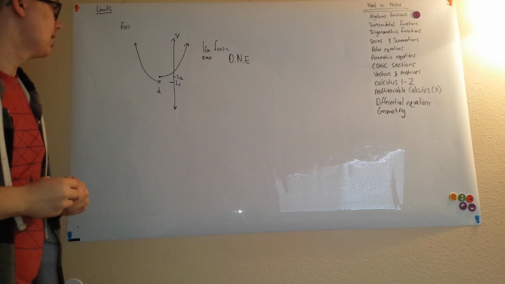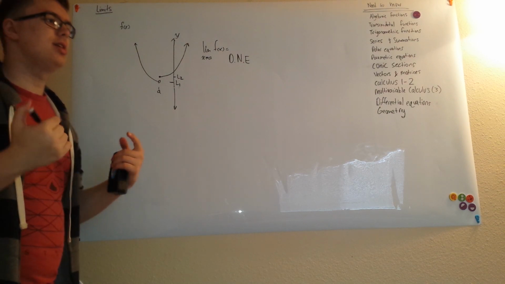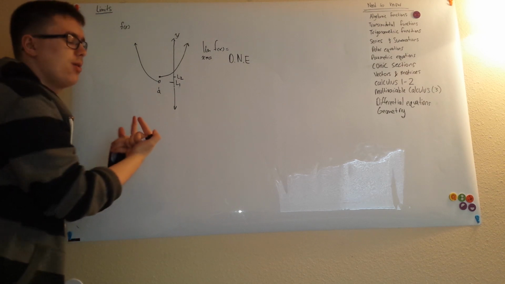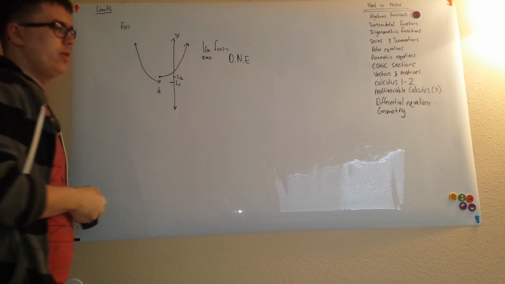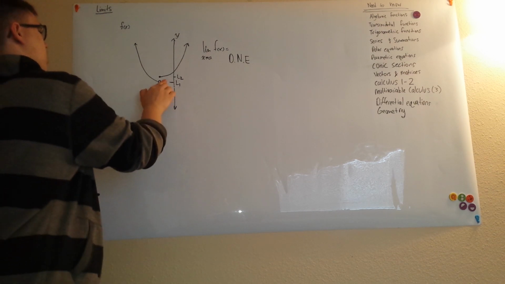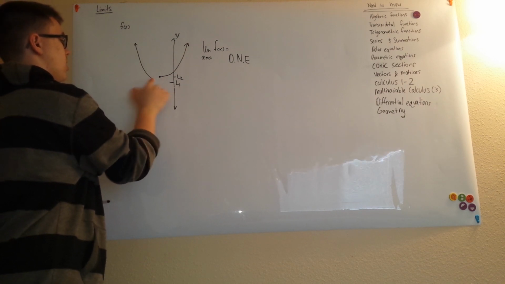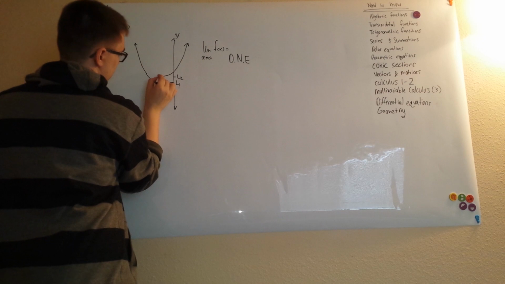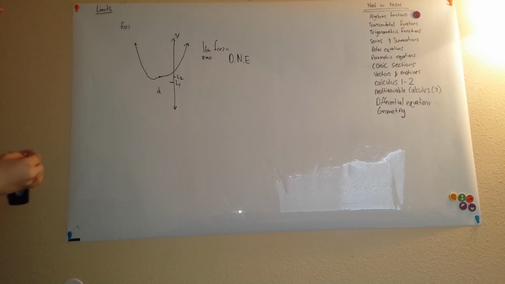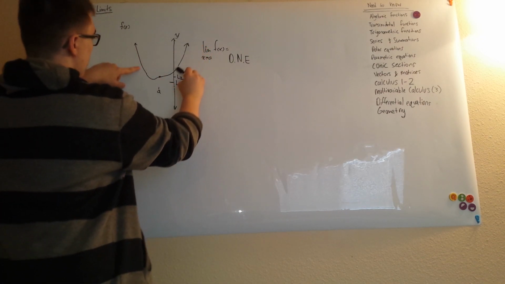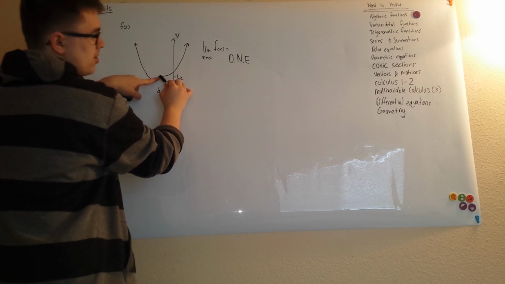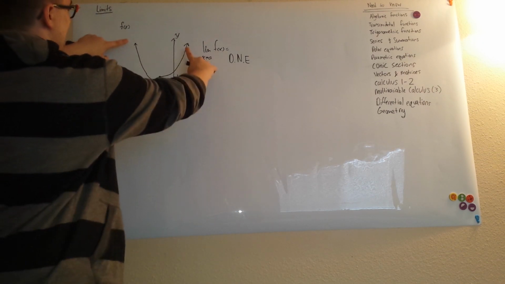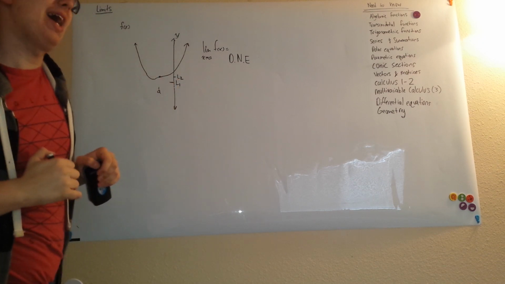It doesn't exist, because a limit needs you to approach one value from the left and the right. The same value. How would this be fixed? It would be fixed if I did something like that. Then, both of these from the left and right would approach the same value. If my fingers meet, the limit has to exist.